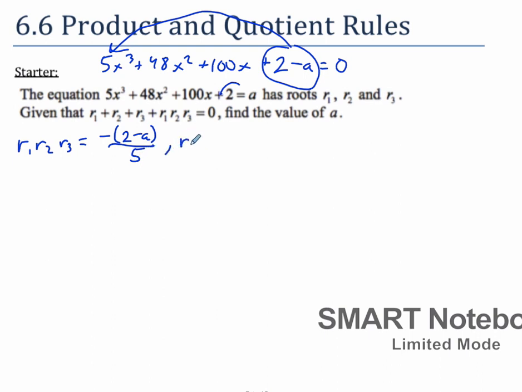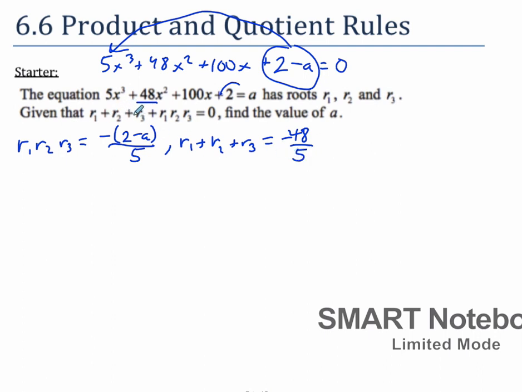And also the sum of the roots is going to be equal to negative this number over that number, the leading coefficient. So that's going to be negative 48 over 5.